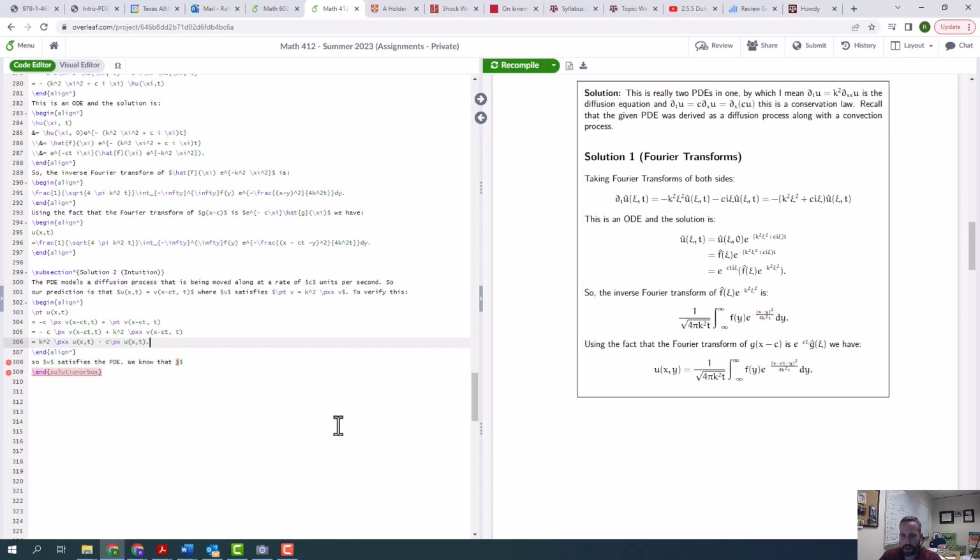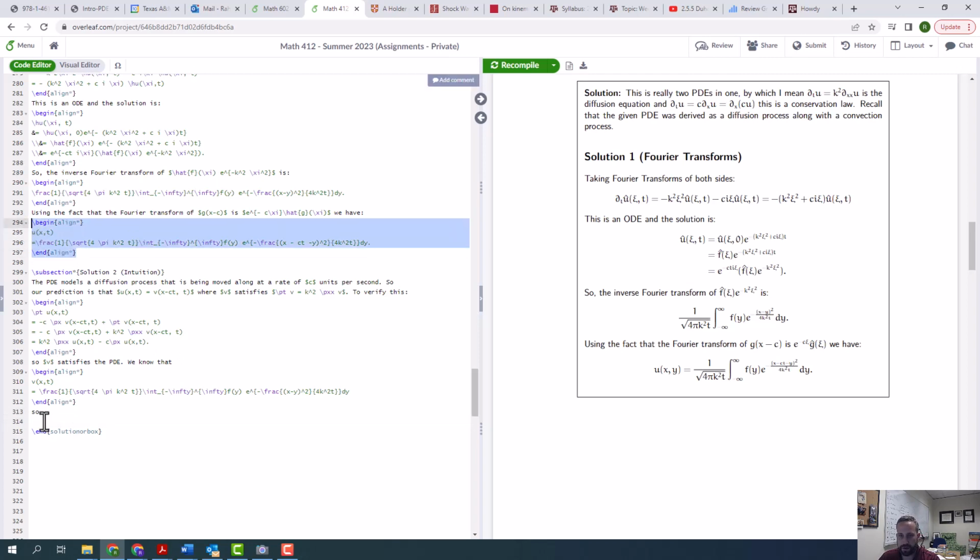Okay, so we already know that v of x,t is equal to, I'm just going to use this solution up here. I'm actually going to need this on a new line. And then we'll have the same conclusion about u of x,t, so I can just rewrite it there.